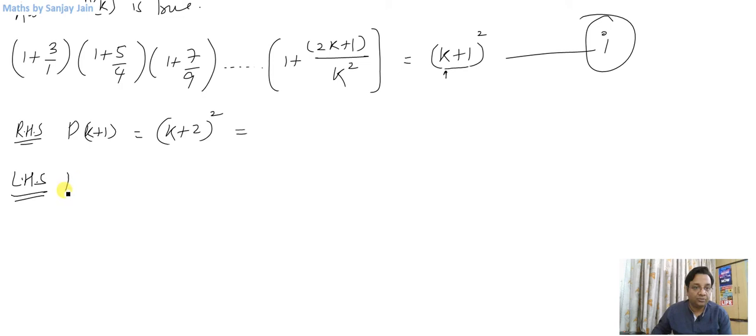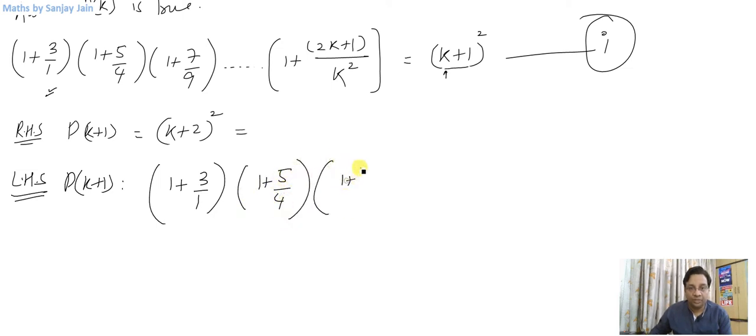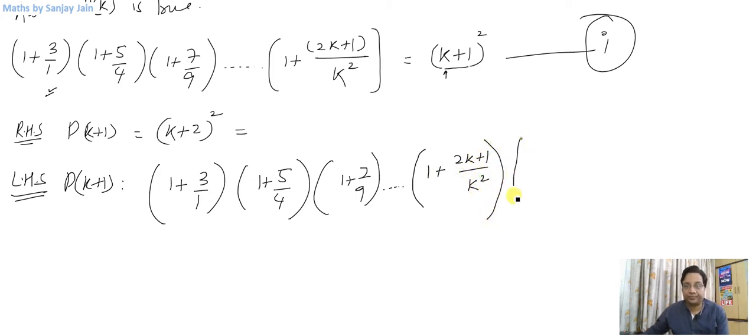The left hand side of P of k plus 1 can be obtained from here. So it will be 1 plus 3 upon 1 into 1 plus 5 upon 4 into 1 plus 7 over 9 and so on. This will be 1 plus 2k plus 1 divided by k squared into 1 plus 2k plus 3 divided by k plus 1 squared, because 5 becomes 7, 3 becomes 5, so 2k plus 1 will become 2k plus 3 and k squared will become k plus 1 squared.